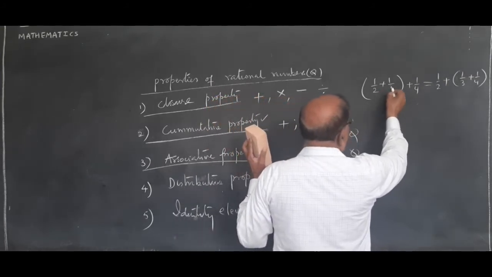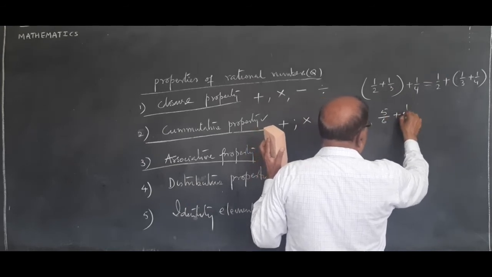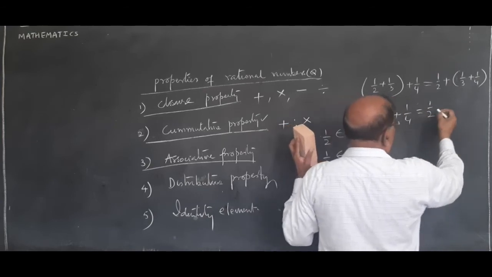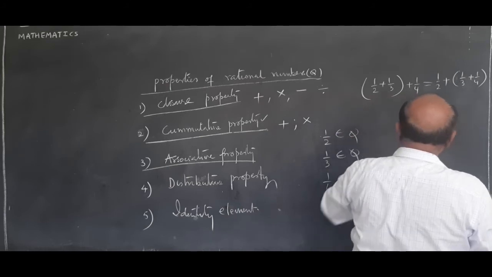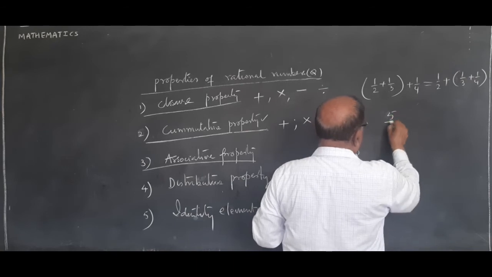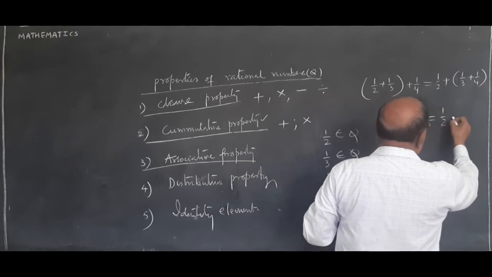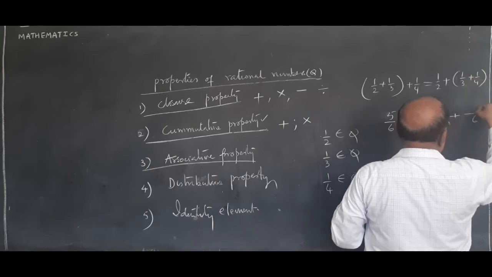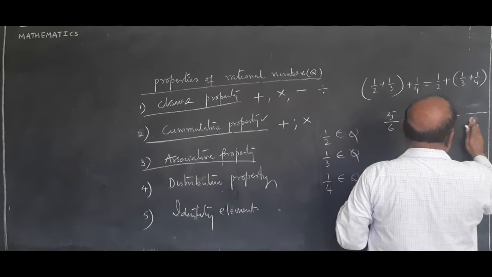So here we have already taken it, nothing but 5 by 6 plus 1 by 4 is equal to 1 by 2 plus the LCM. 3 2s are not 6, the LCM is 12.